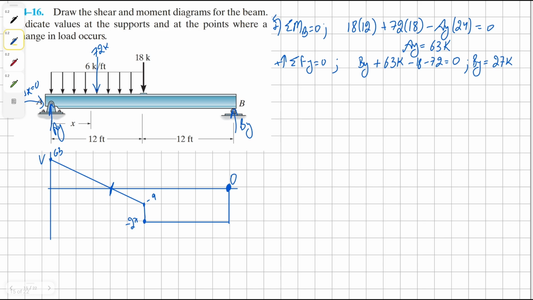To do that, we need to find our equations. So we know that we'll need to divide this beam into two segments. One will be 0 to 12 and the other one will be 12 to 24.